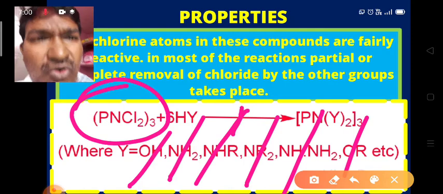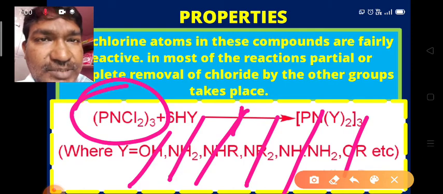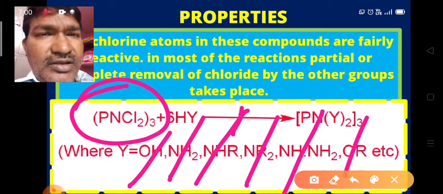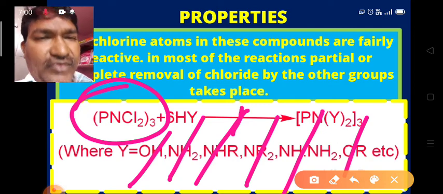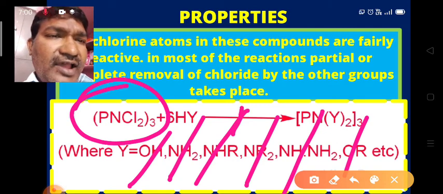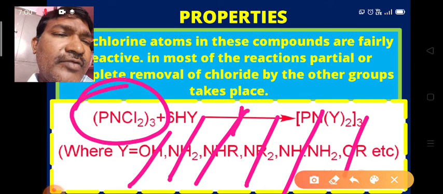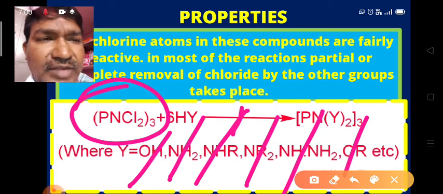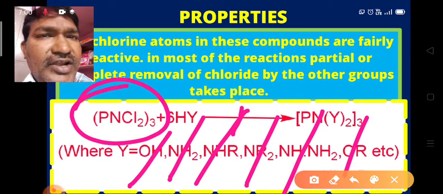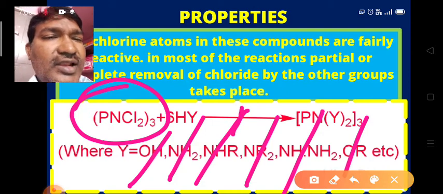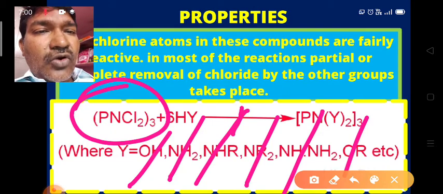So this chloride may be substituted by various different nucleophiles like hydroxide ion, amine, amide ion, and primary amine ion. Like the different nucleophiles may replace this chloride ion.